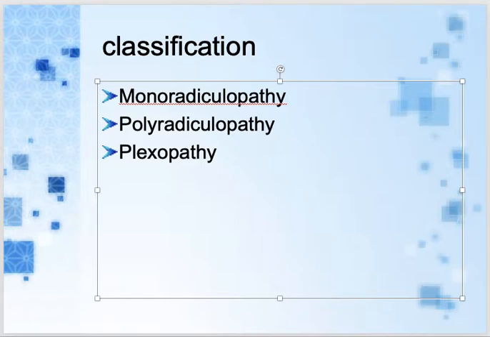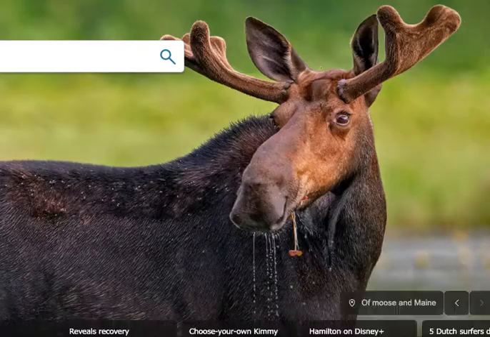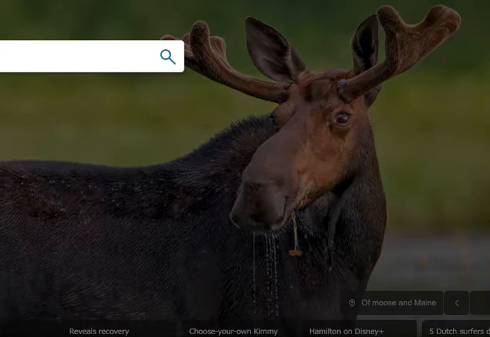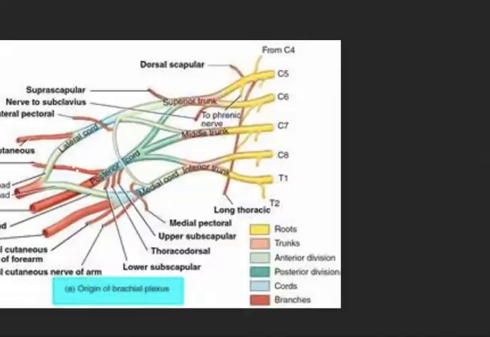Wait, I want to give you an example of the brachial plexus. So now you can see over here, this is the brachial plexus, right?